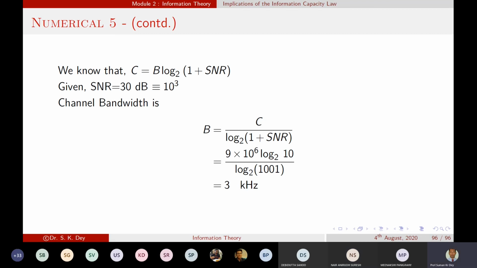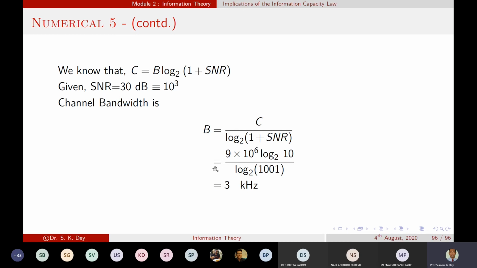Actually, if I do it in a different way, a simple way: 10 to the power 3 is here, and we can take 3, so this will be cancelled. 3 into 10 to the power 6. So around 3 megahertz. It will be 3 megahertz, I think. Yes, sir.